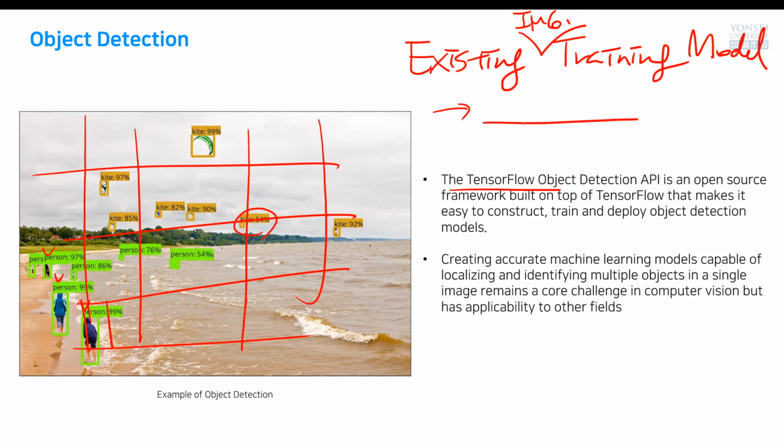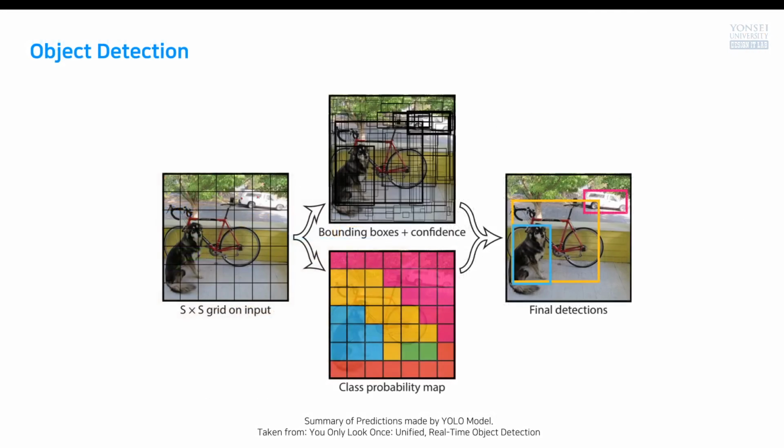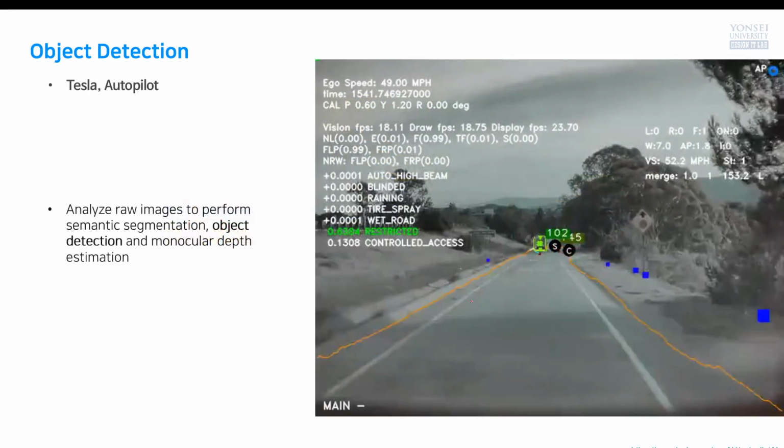So object detection is a sort of application of this image training model. As you see, this kind of grid system can detect several different objects displayed in a single picture. That's the way to use object detection.